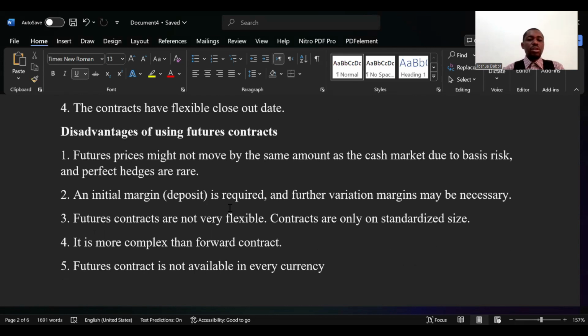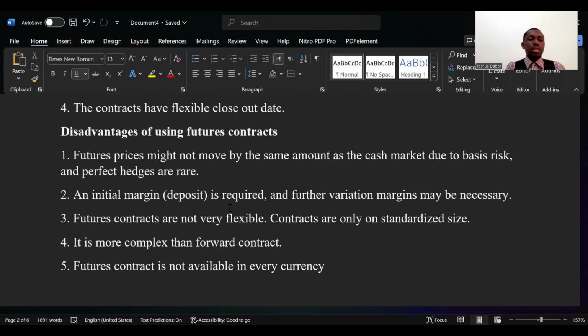The disadvantages of the futures contracts. Futures price might not move by the same amount as the cash market due to basis risk, and perfect hedges are rare.